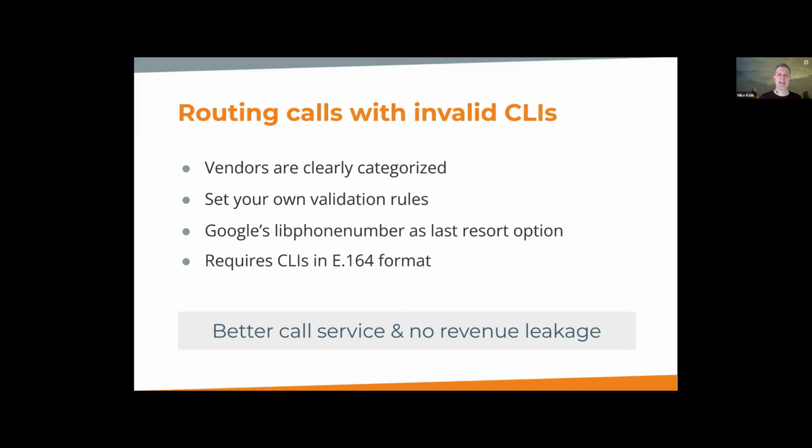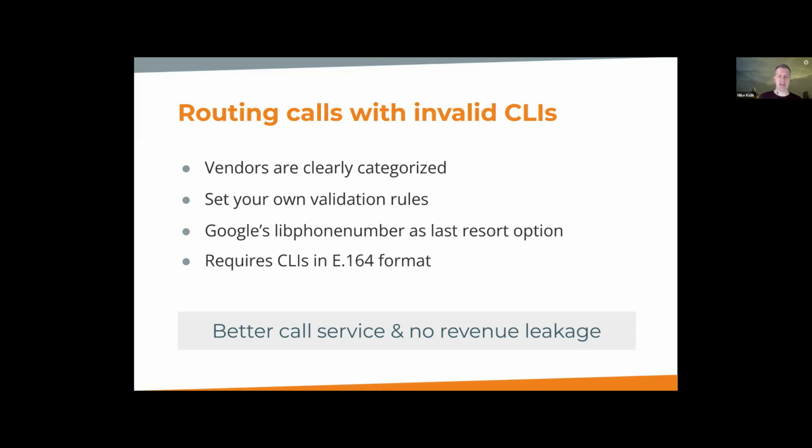validate the CLI. Maybe some other features would be used, like call screening or something else. But after that, when the call is sent to a vendor, you can again use translation rules on the vendor connection to convert the CLI to whatever format your vendor expects. For example, if they expect a number in a local format, you can convert it from E164 to a local format and send it over to vendors.